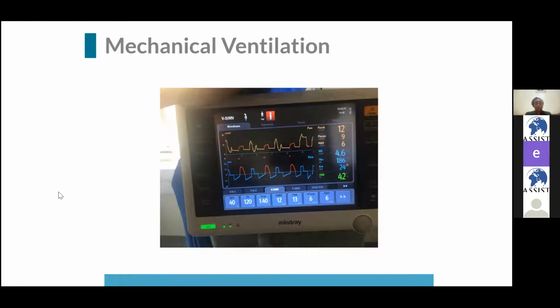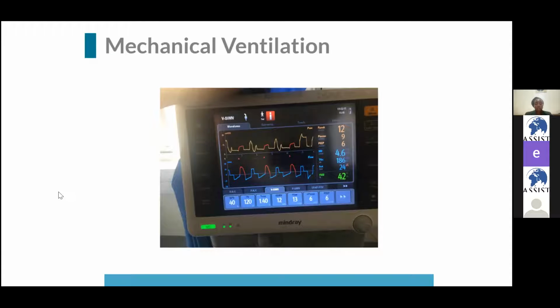So you need to be careful on how you treat these patients, because you need to understand your goals of treatment when you want to ventilate this patient, bearing in mind that depending on what stage the ARDS is, most of the lung could be fibrotic. So you want to do lung protective strategies.